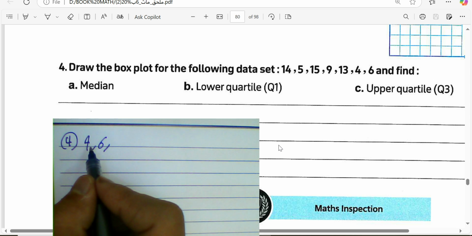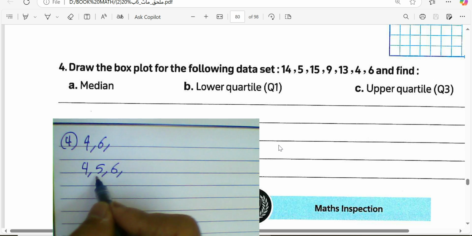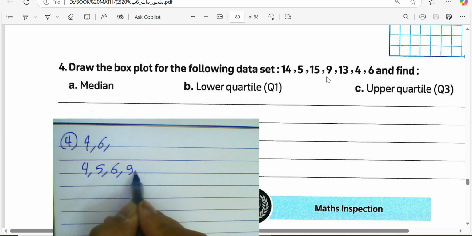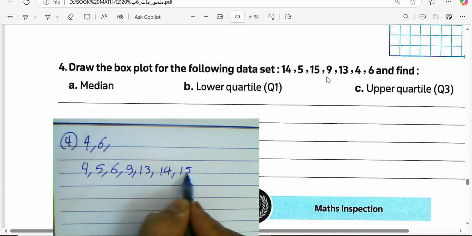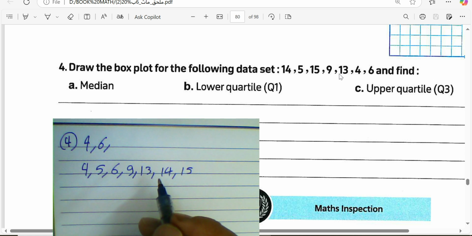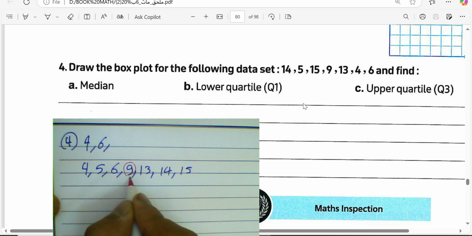We have 4, 5, 6, 9, 13, 14, 15. 1, 2, 3, 4, 5, 6, 7. Okay, and then we must choose the number that lies in the middle. 9 here is the median.